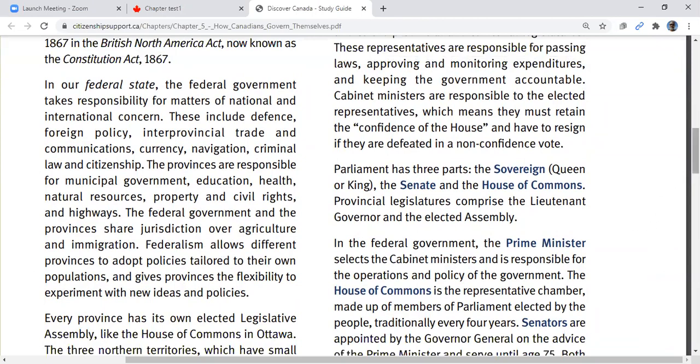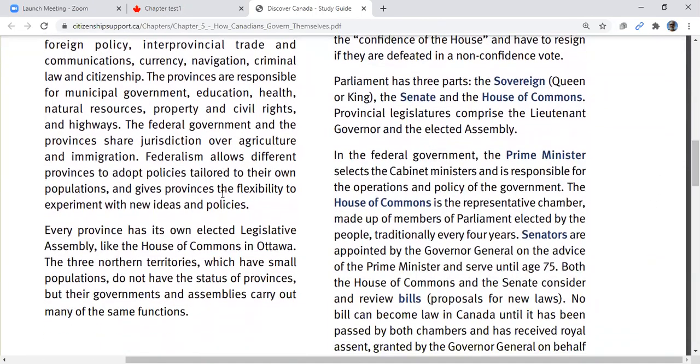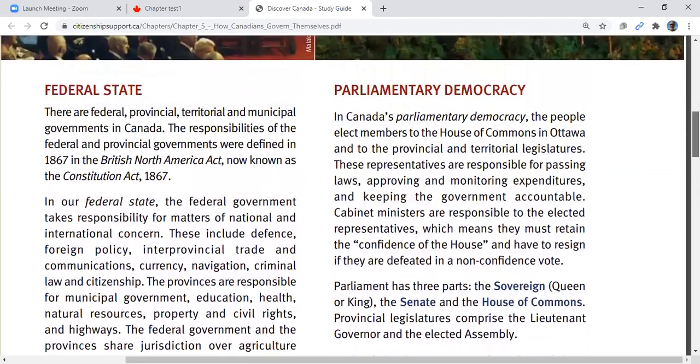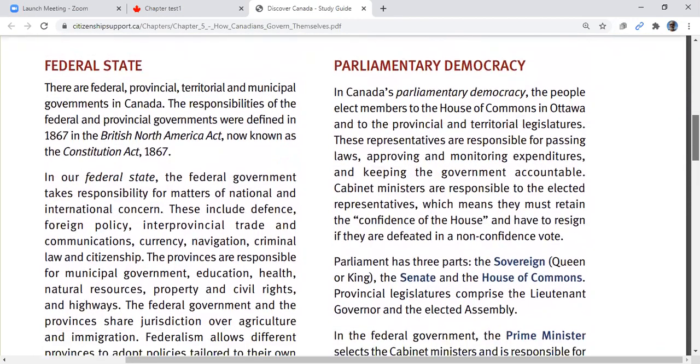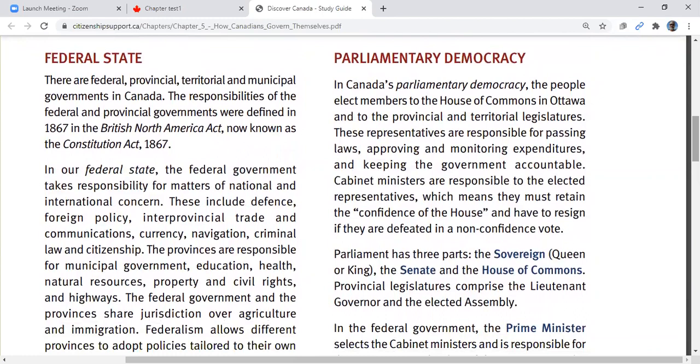And federalism is good because the provinces can have their own ideas within the country, which is better for the people. And finally, it says each province has a legislative assembly, and the 3 Northern Territories have fewer people, so they're not as powerful as the provinces, but they do many of the same things. Okay, so that's all federalism. That's the federalist state part of it. That's number 1. Okay, and today we're just going to do parliamentary democracy.